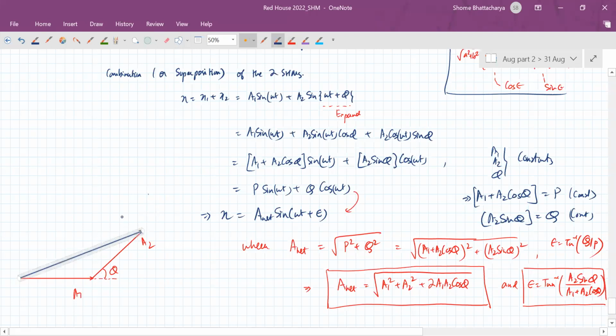Okay. And that resultant SHM has a phase angle with respect to the first one, which is epsilon. So this is called the phasor diagram. It looks exactly the same as a vector diagram, but because it's not vector addition here, it is called a phasor diagram for the superposition.